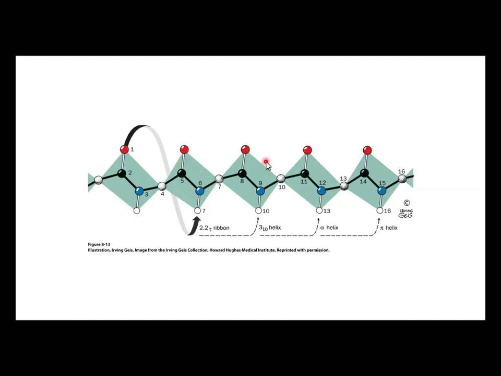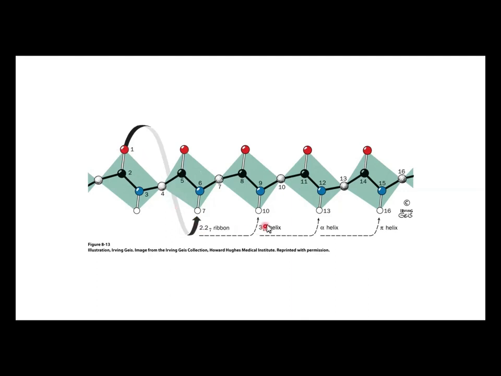Another really cool thing that happens is that the hydrogen bond acceptors on the carbonyl oxygen and the hydrogen bond donor out here on the nitrogen like to get together, and they can form all different types of helices where a hydrogen bond can form between members of subsequent residues.